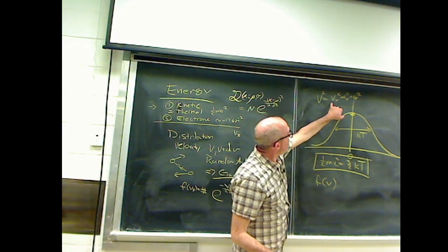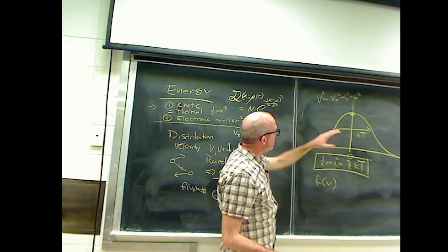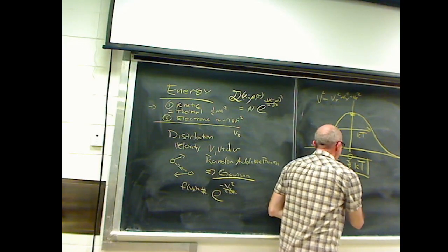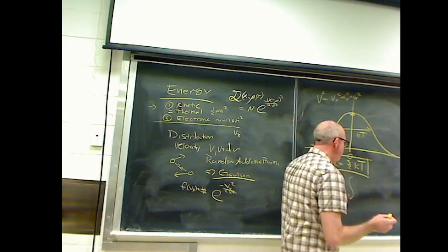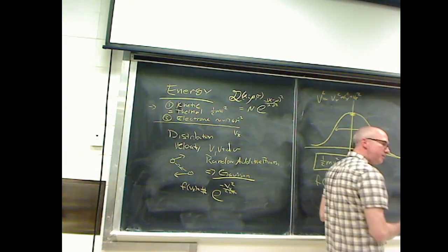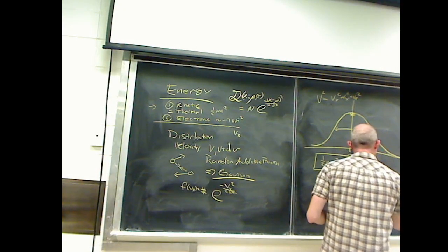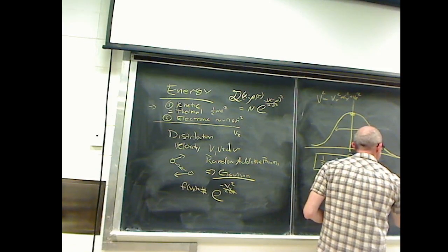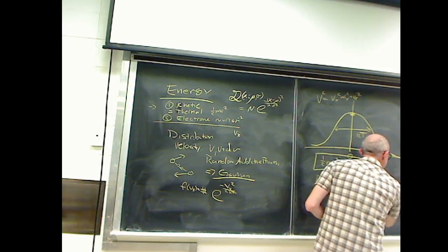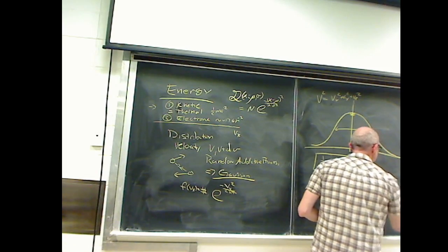So one of these is distributed like a Gaussian, so when I add all 3 of them up and average, I pick up a v squared from the volume element. So f of v is going to be e to the minus mv squared over 2kT times v squared times dv.